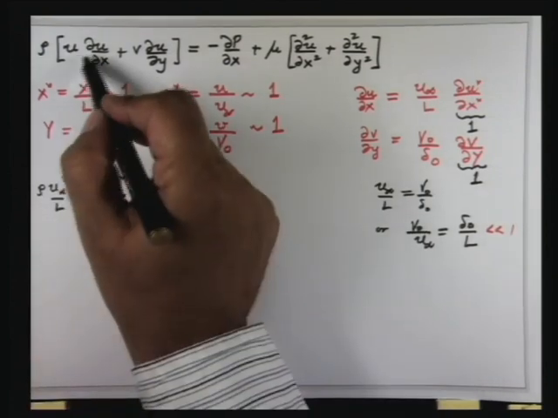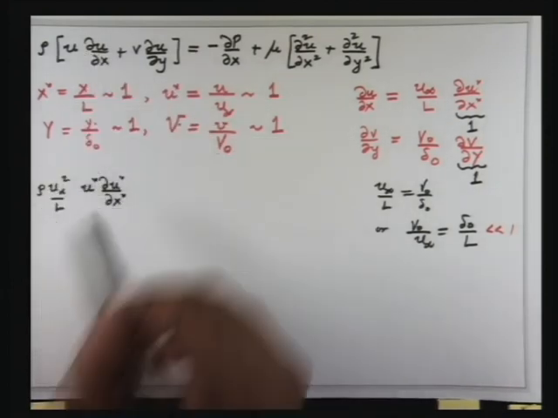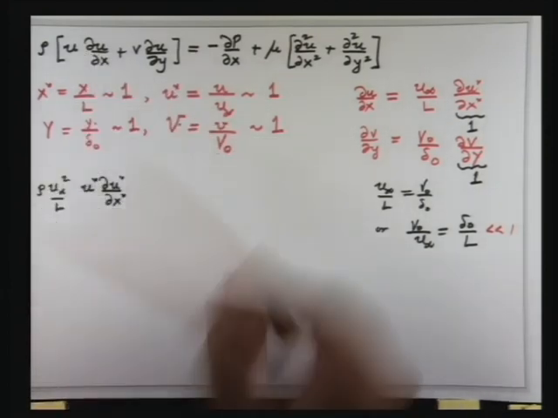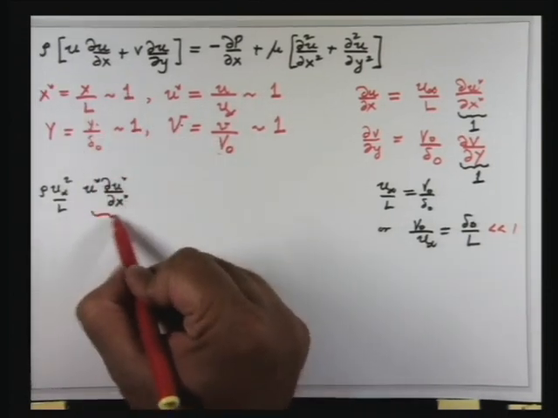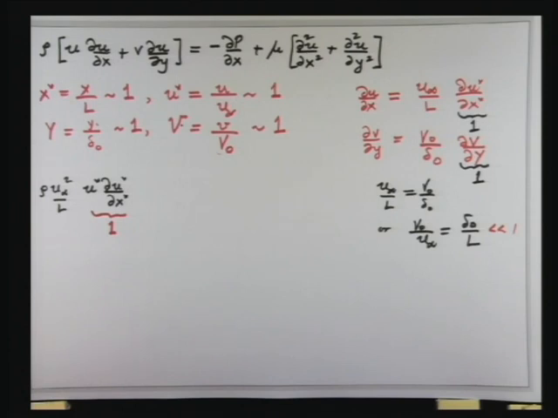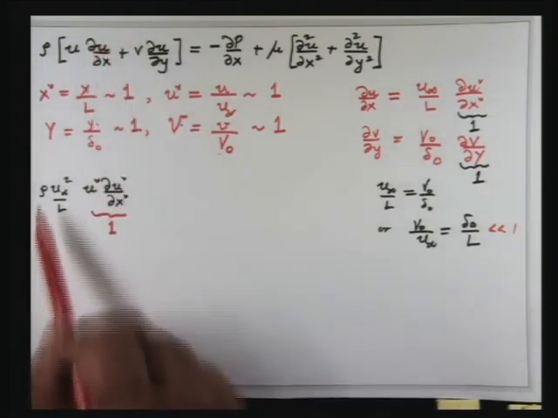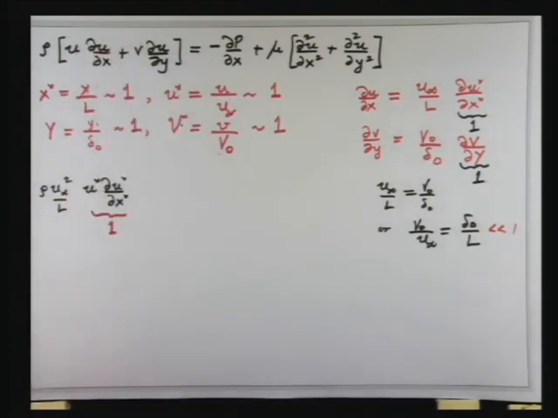So this is the first term. Now what is the advantage of writing it this way? The advantage is that u star is order 1, x star is order 1, so this whole thing is order 1. So if I ask you what is the order of rho u ∂u/∂x, you will immediately say it is rho u infinity squared by L.